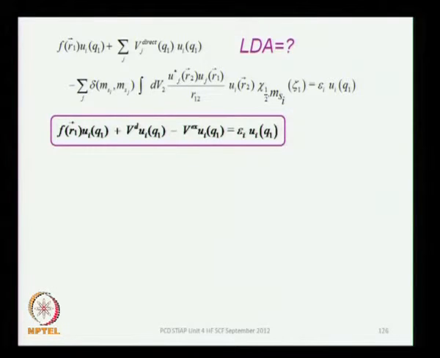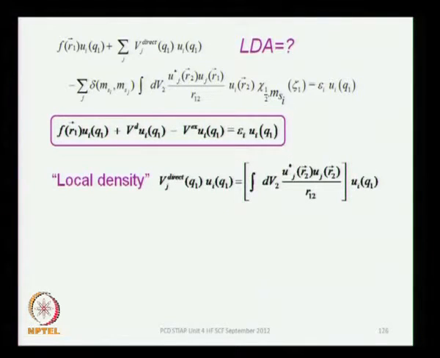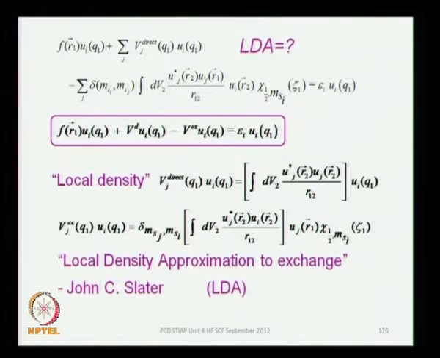These approximations are called local density approximations, and using this you can develop an approximate Hartree-Fock formalism, which also gives fairly good results, which is very useful in atomic physics, molecular physics and solid state physics. So, this is the local density approximation in which you make an approximation to the exchange term, and this was introduced by John Slater. The first form was introduced by John Slater, but later on there are many developments following this.